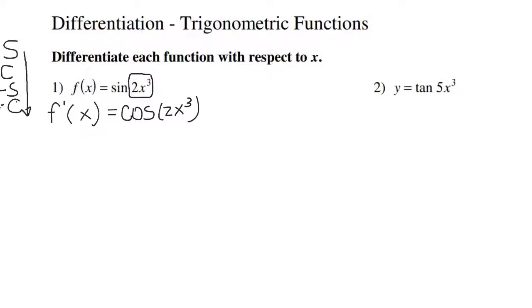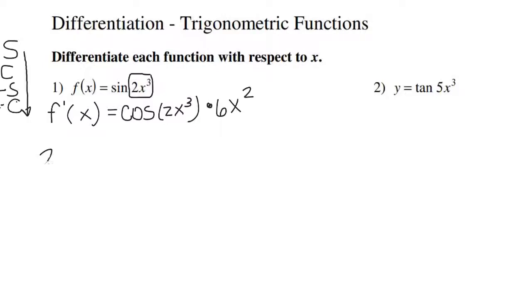And then it's times the derivative of the angle. What's the derivative of 2x cubed? 6x squared. And you're finished. Do y'all see why I say the trig functions are a little bit easier? That's it.